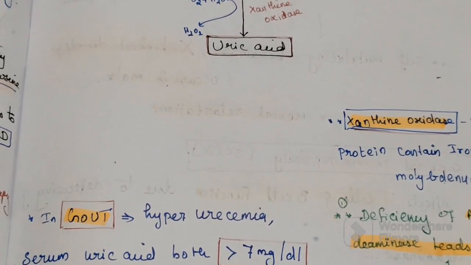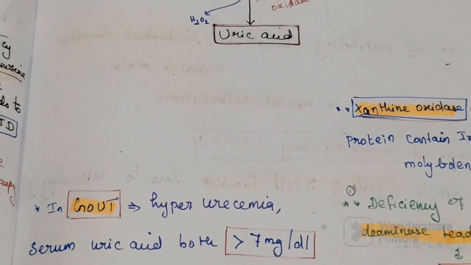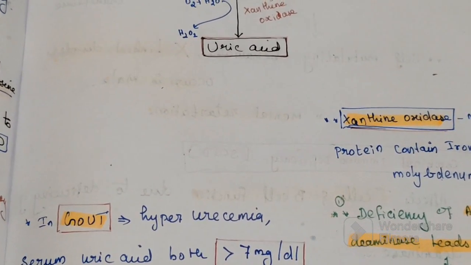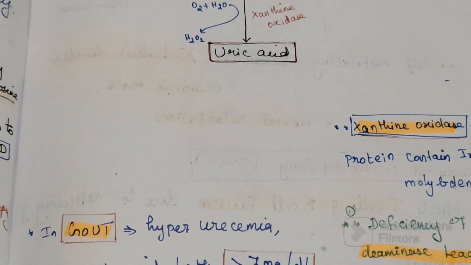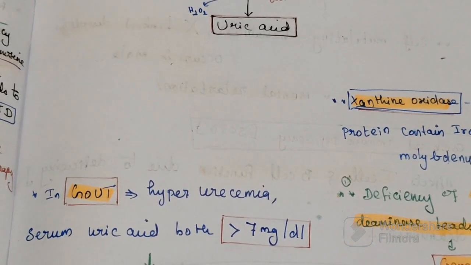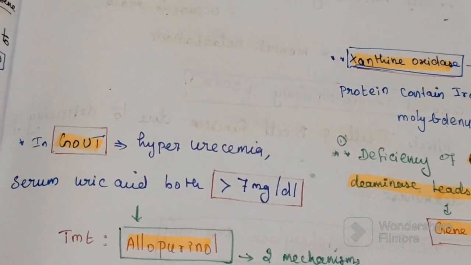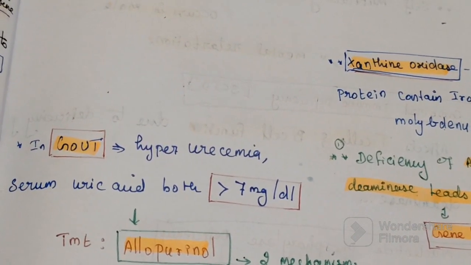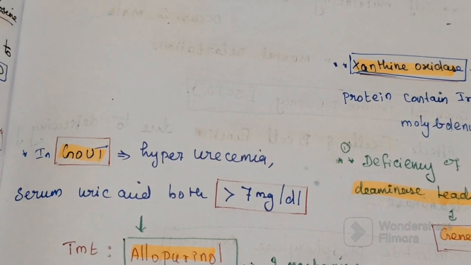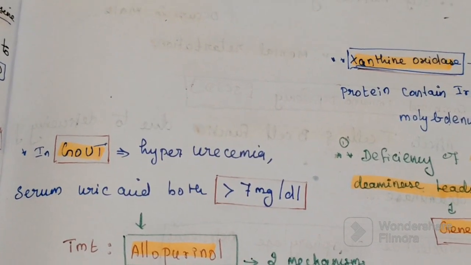In gout, that is hyperuricemia, with serum uric acid above 7 milligram per deciliter, the drug of choice for treatment is allopurinol.